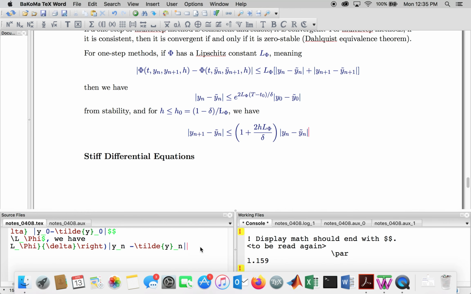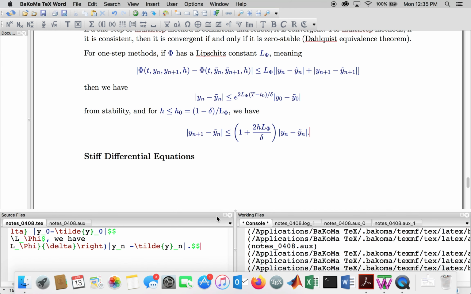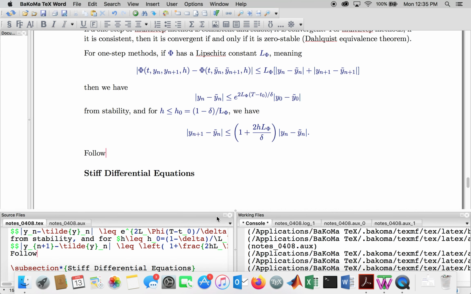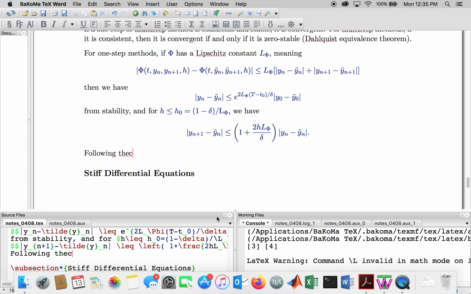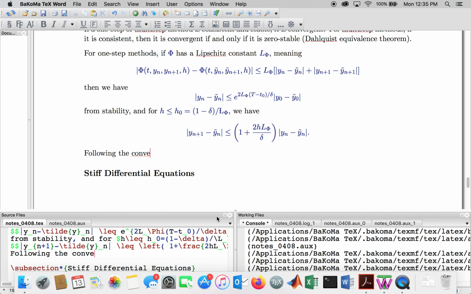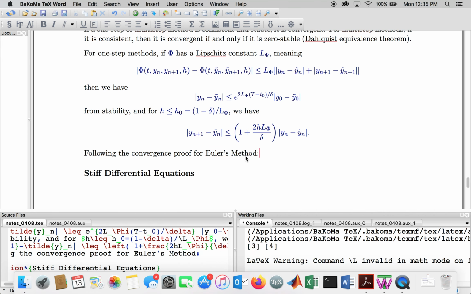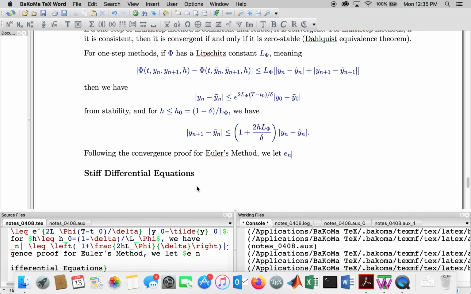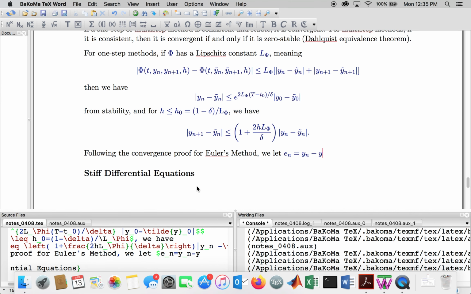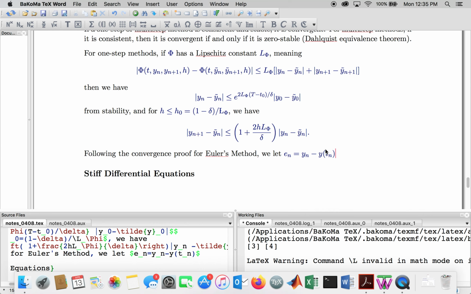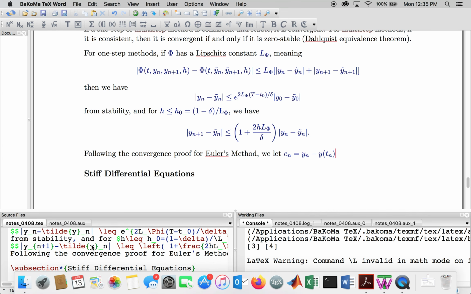Now, if we go back to how convergence was originally shown quite some time ago for Euler's method, we had a similar relationship. If we let E_n equal y_n minus y(t_n), the exact solution value, it is playing the part of the tilde values here.